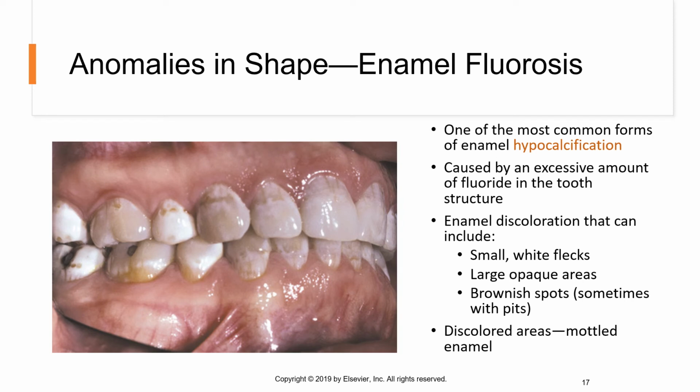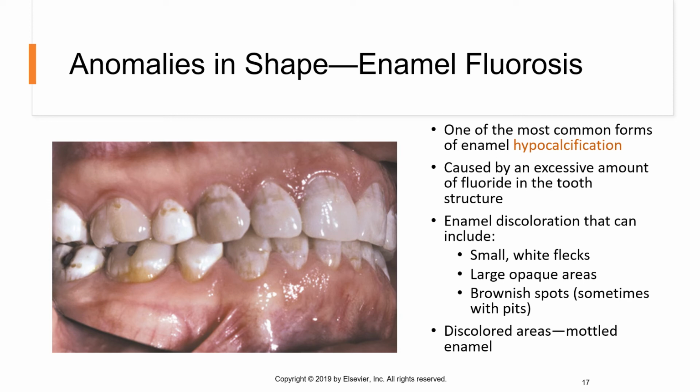So you might see this in children who get a hold of their parents' toothpaste and like the flavor, so they eat it, or prescription toothpaste that has 5,000 parts per million instead of 250 to 500. Enamel fluorosis is caused by excessive amounts of fluoride in the tooth structure, so the exposure has to be when the tooth is being developed. This is before it erupts.